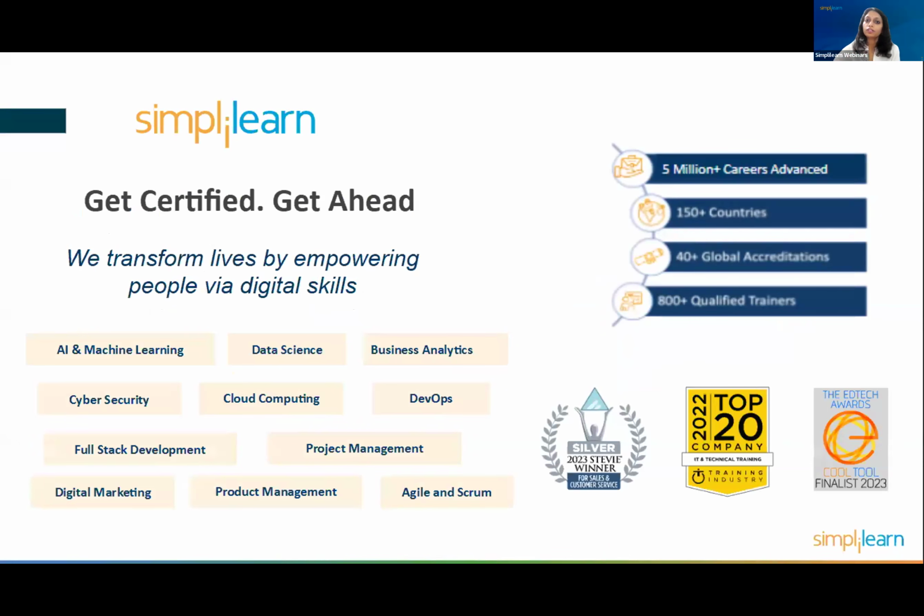We've got a bunch of certifications, PG programs, and also courses that are aligned to getting you to build a certain career path. Let's say you want to become an AI engineer, a data scientist or a data analyst. We've got courses that help you prepare for these roles. So head to simplylearn.com and find out whichever course is suitable to you.